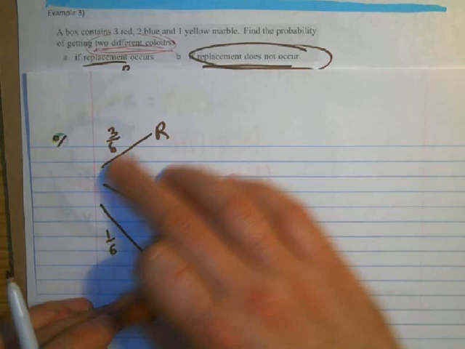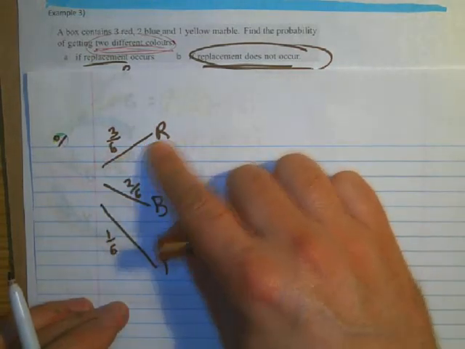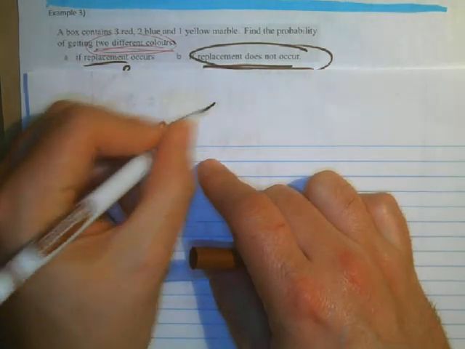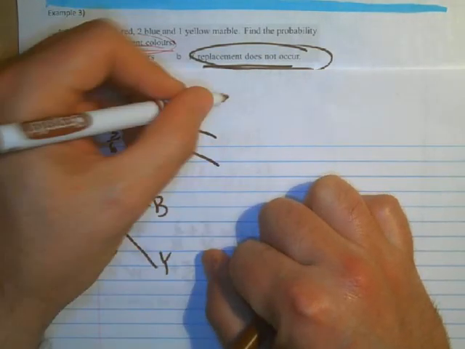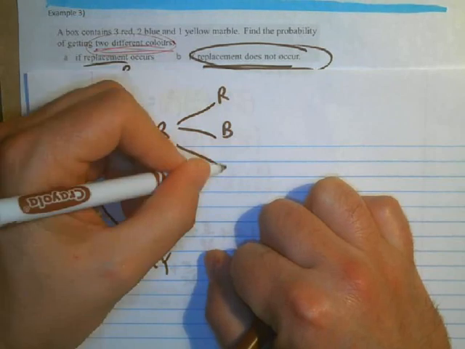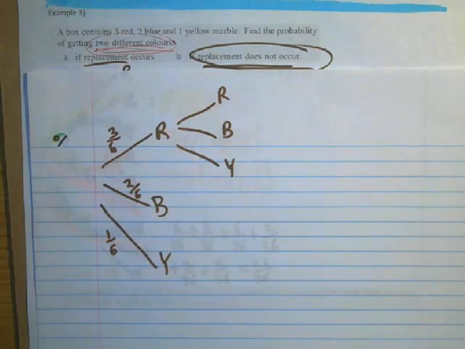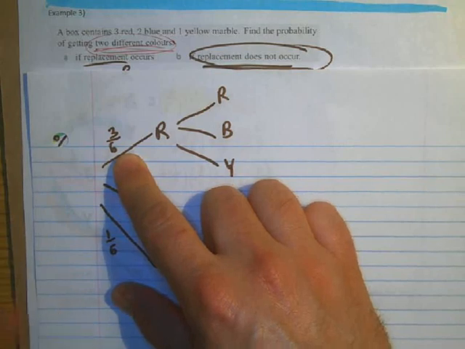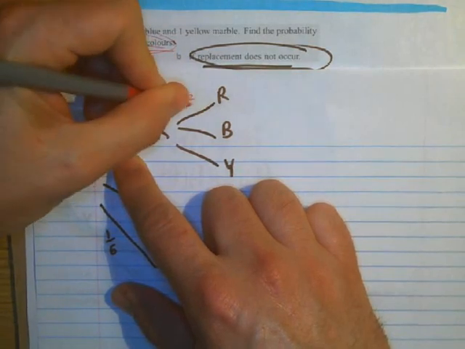But once I've picked out, let's say I've picked out a red, how many marbles are left? If I've picked out a red marble, how many red marbles are there left? You got it, 2, because you've taken a marble out.